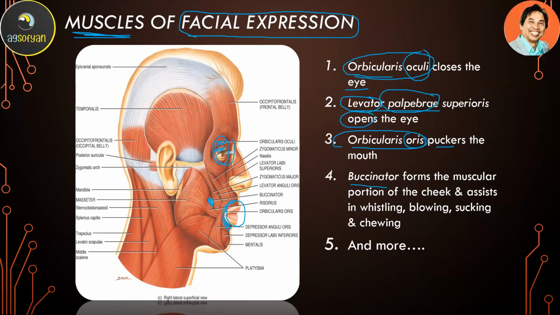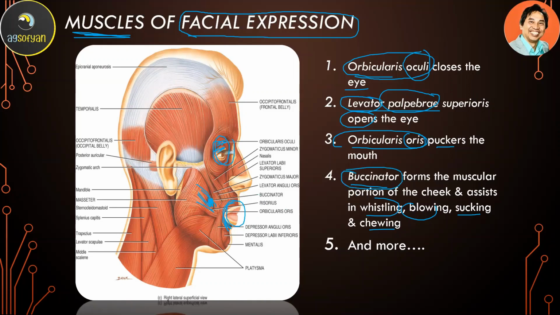This is really important when we perform whistling, blowing, sucking, chewing, compressing our cheek over here. It is given by the contraction of this buccinator muscle.